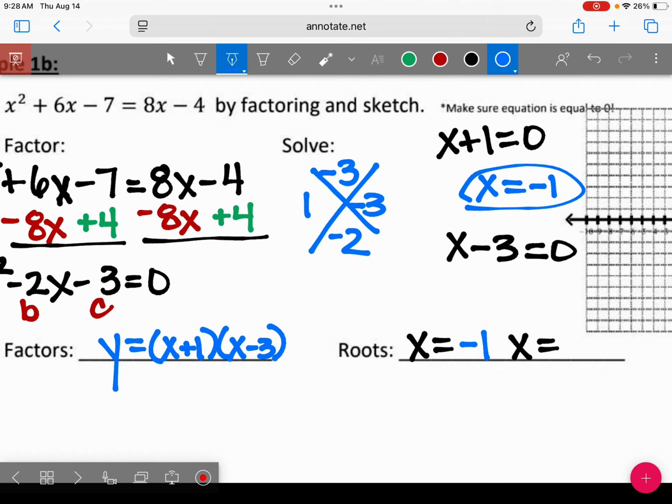And for the second one, it's negative, so I have to add, so I get x equals +3.